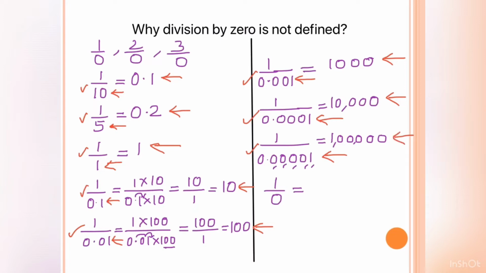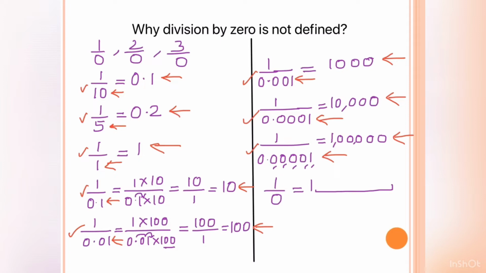And now if the denominator is equal to 0, we don't know what is the exact value of this. That is, if we place 1, we don't know how many zeros will come next to 1.